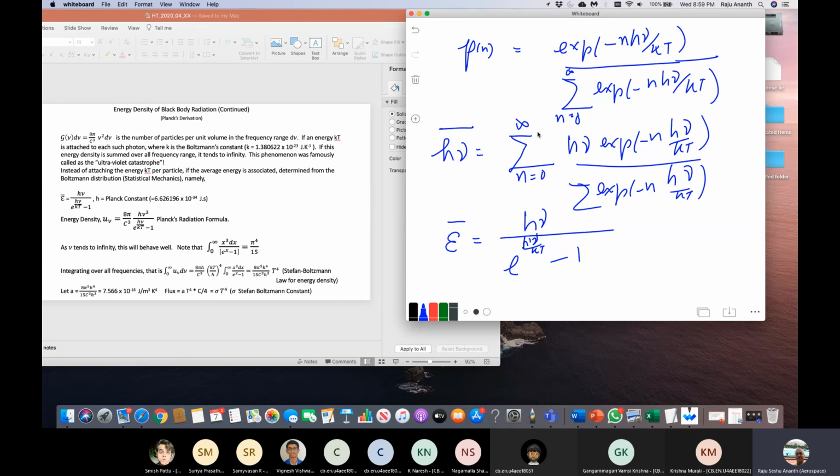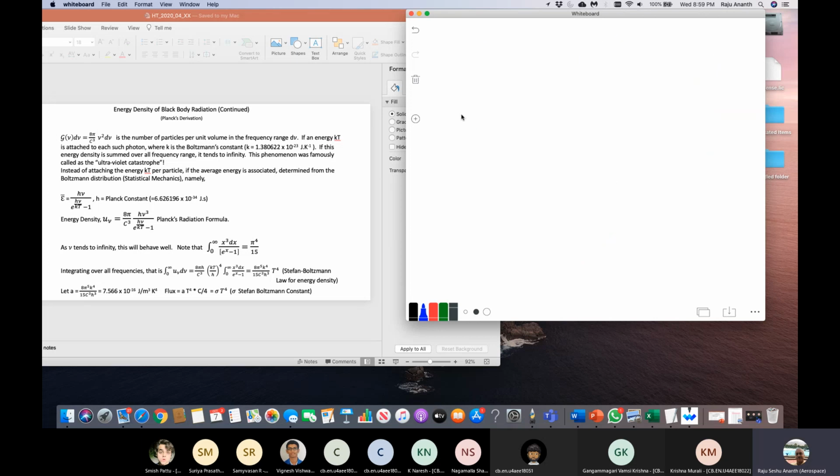So if I perform this integral, I go back to my g nu and attach the u nu. So my energy contained in the small band nu plus d nu is 8 pi over c cubed h nu cubed.